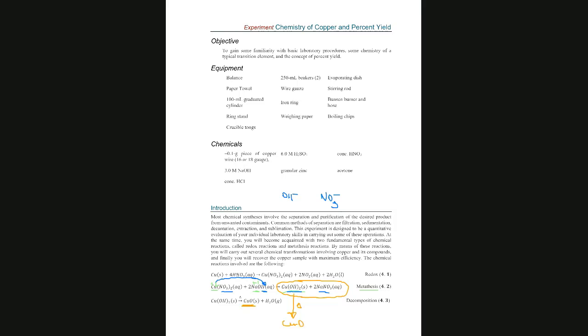But there is another product that is the sodium nitrate. And that is basically what we want to get rid of. Of course, there are other things, but mainly we want to wash and remove the sodium nitrate. So any questions there?